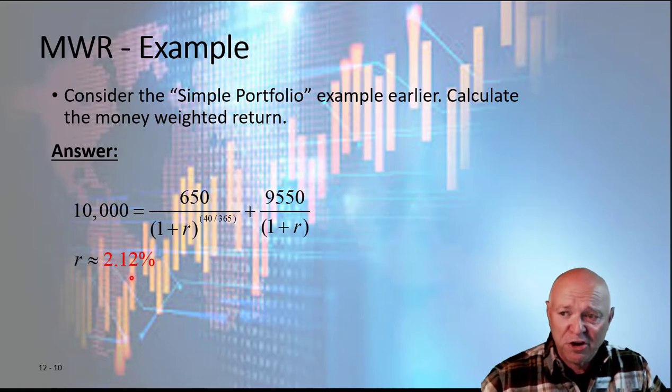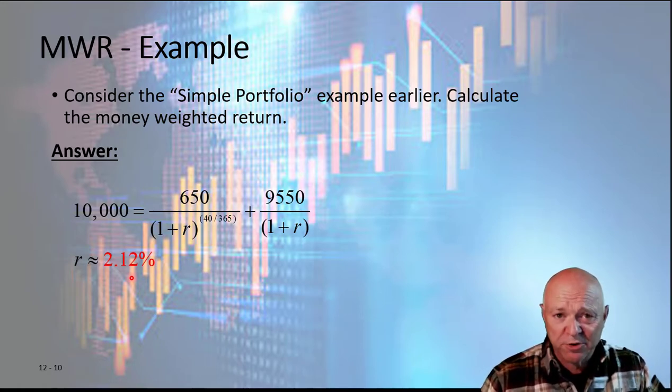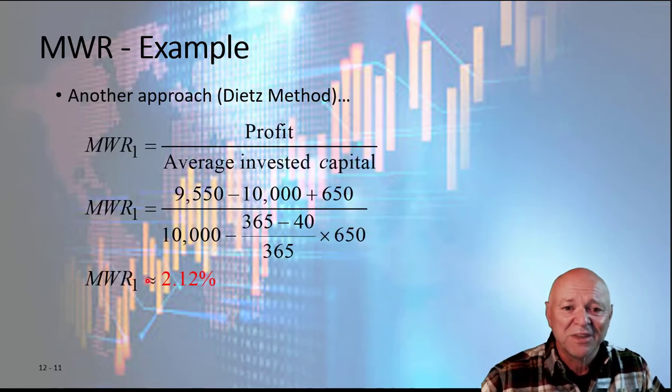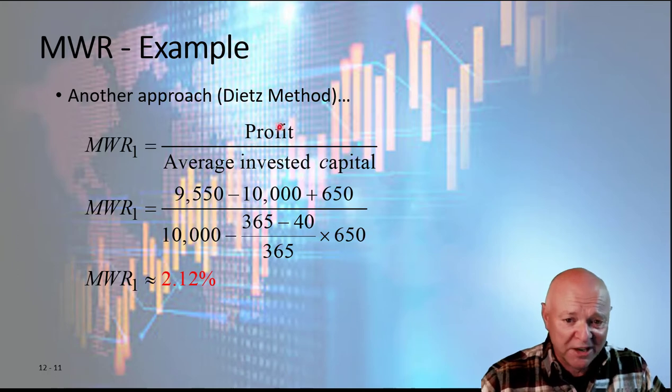Another approach, an alternative approach, again still the money-weighted return, using the simple Dietz method, is to take the profit from the portfolio, or the total gains, divided by the average invested capital.